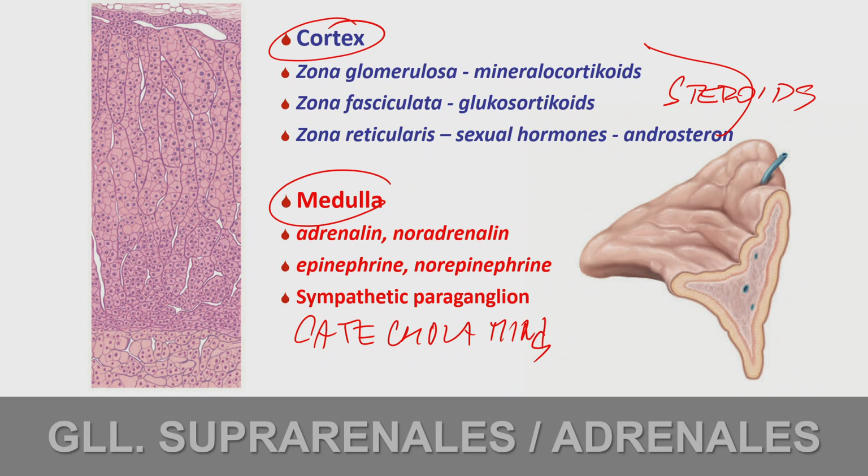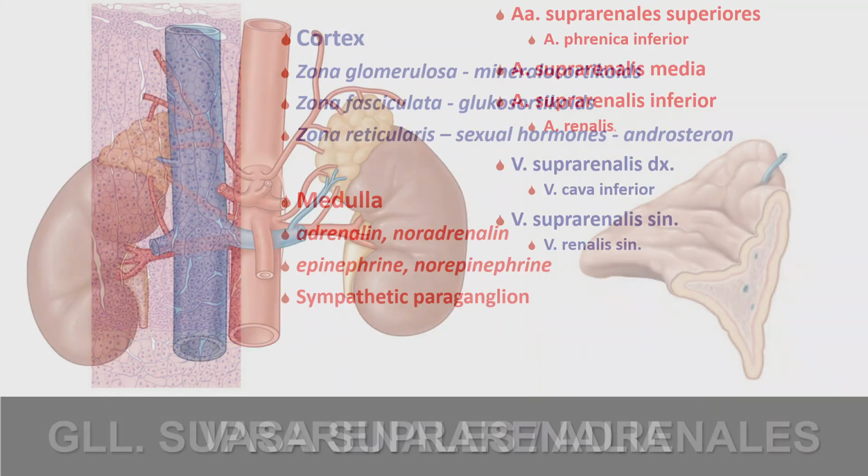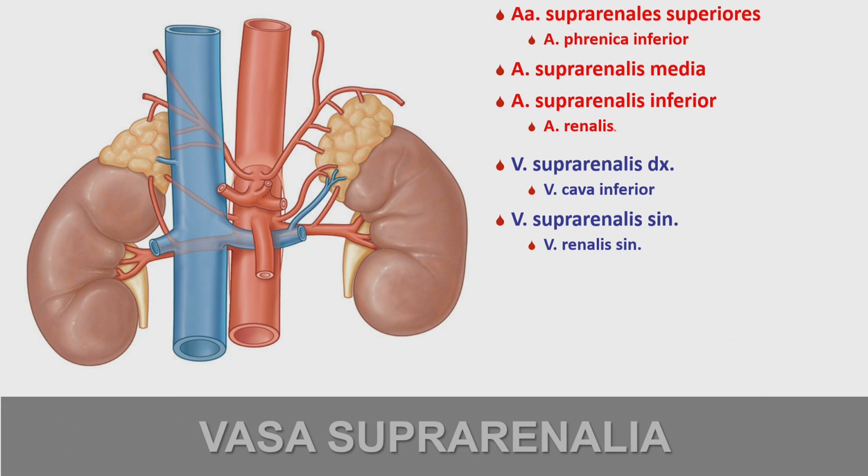But in the US, some doctors don't know what adrenaline is because they use only the name epinephrine. Yeah, the same. Here we have cortex and here medulla. So, important. Cortex, corticosteroids. Medulla, catecholamines.